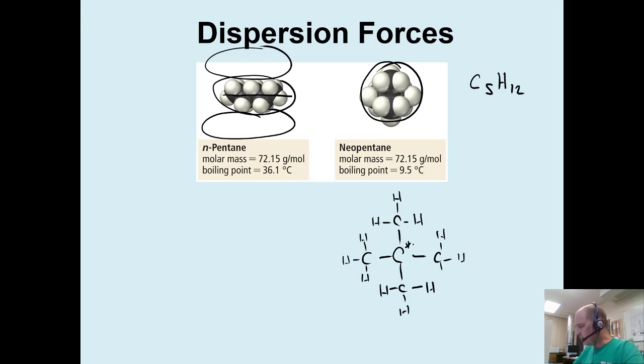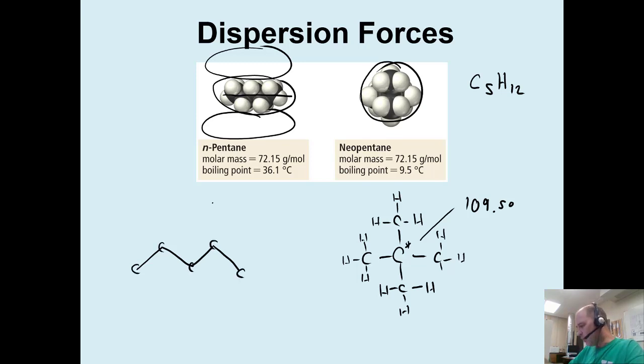This is a tetrahedron. The angles are 109.5 degrees, and so there's less contact area, and so this one zigzags up and down. Hopefully you remember some of the line structures. They're called line structures, what I just did there. This is actually pentane. So each corner has a carbon.